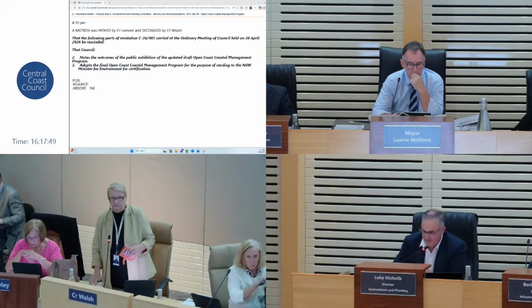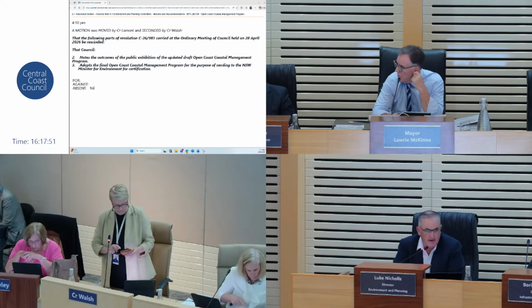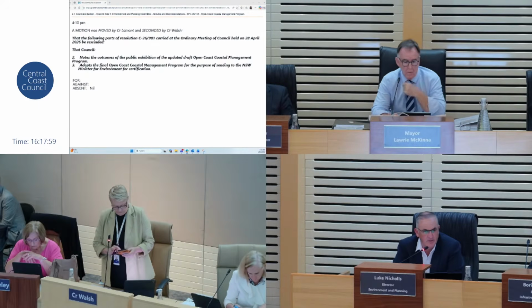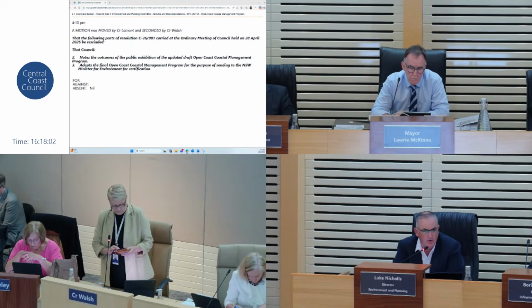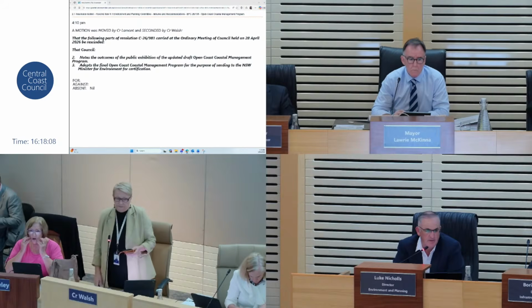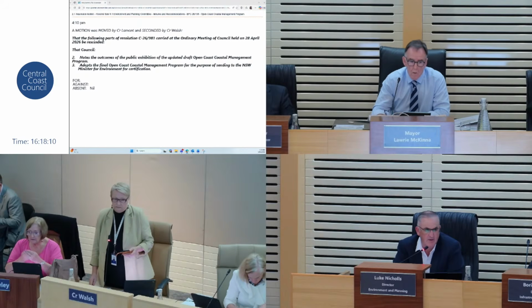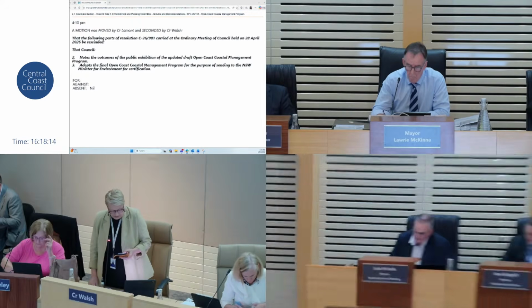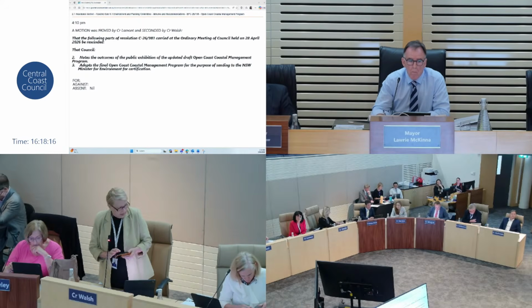Through you, Mr Mayor, what we've proposed, Councillor, is sand nourishment, as we've described, and that's underpinned by a rock revetment that addresses the risk while also continuing to work on beach amenities. So I don't know if I can provide any more detail than that about who's the beneficiary. There are community beneficiaries and there are also individual landowners who are beneficiaries. Okay, so thank you. I'll claim my time.